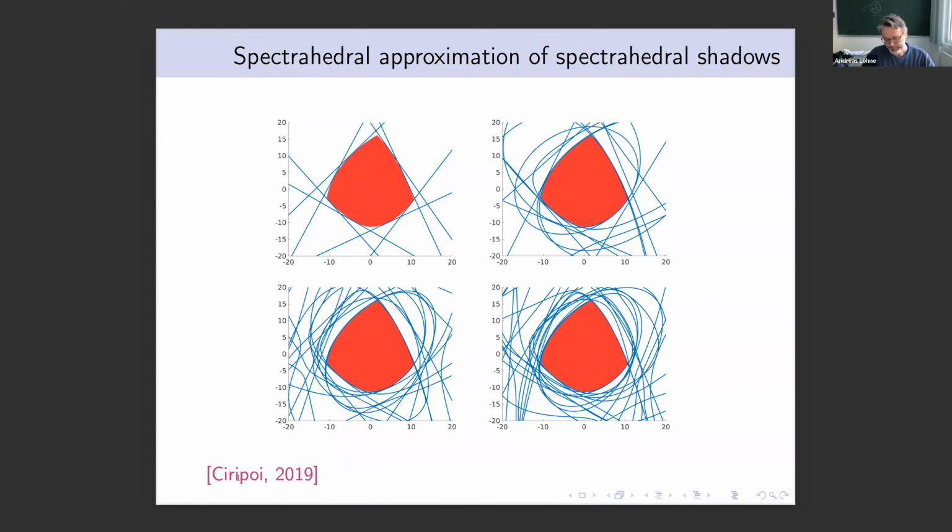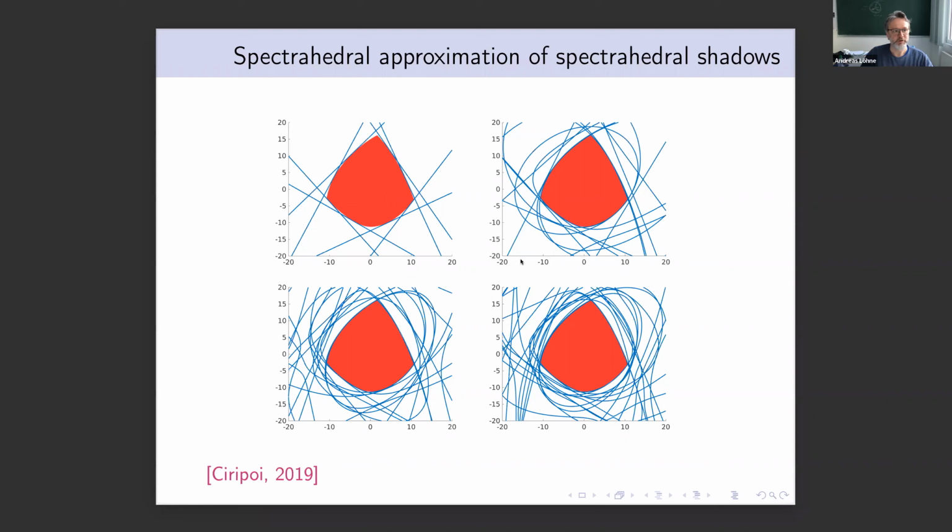We know that a spectrahedral shadow is not a spectrahedron in general, and we could try to approximate a spectrahedral shadow by linear matrix inequalities. And this works.